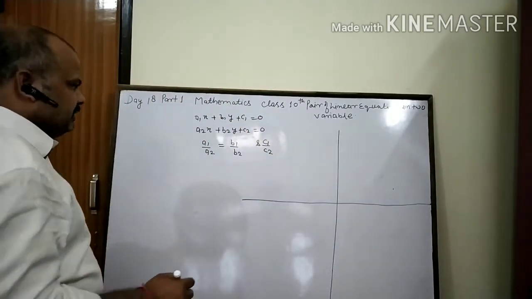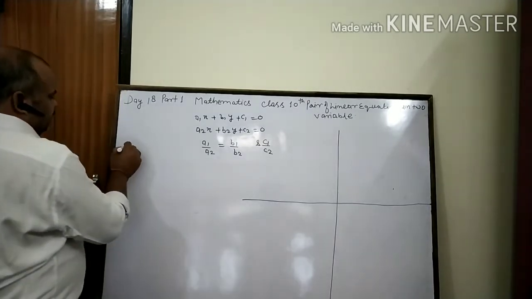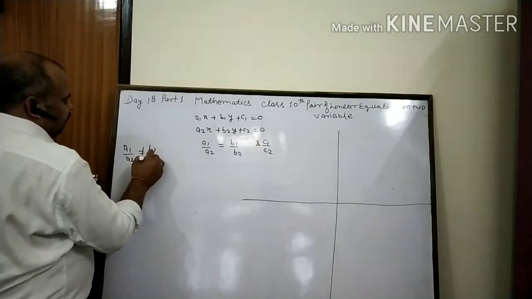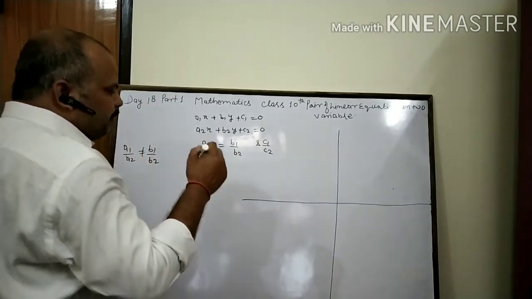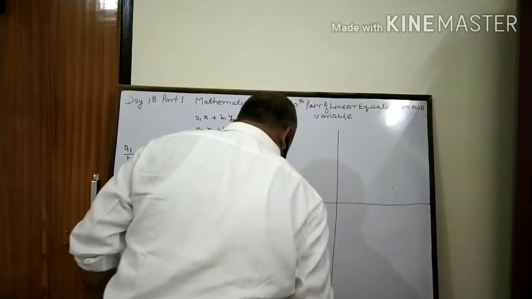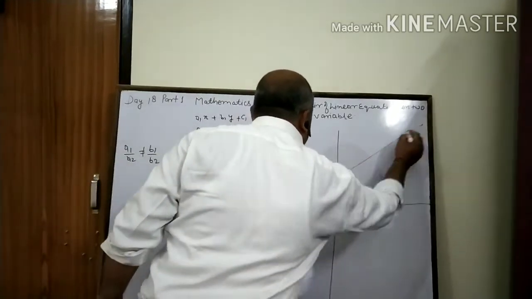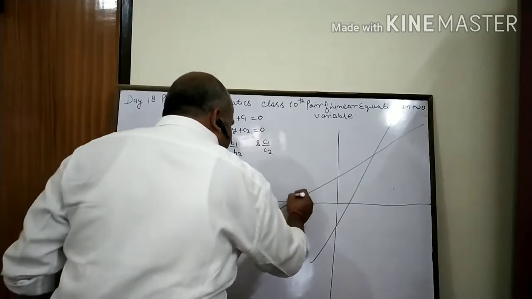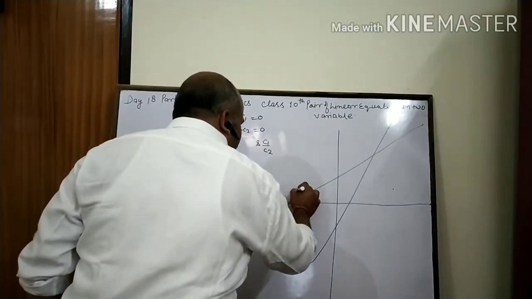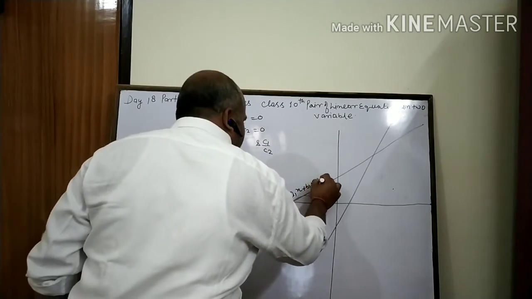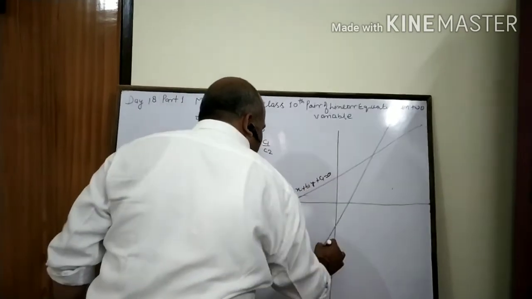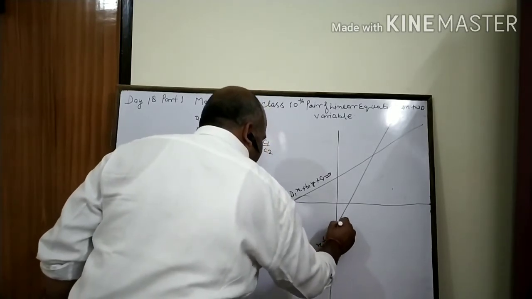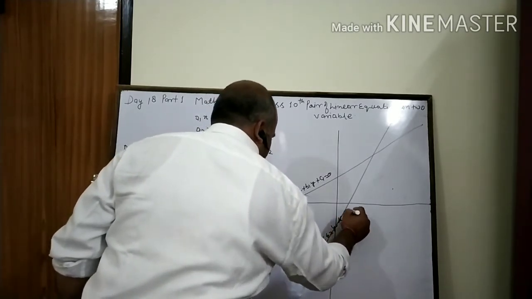Clear? Suppose a1 upon a2 is not equal to b1 upon b2, then the lines intersect in this way. Suppose these are a1x plus b1y plus c1 is equal to 0 and a2x plus b2y plus c2 is equal to 0.